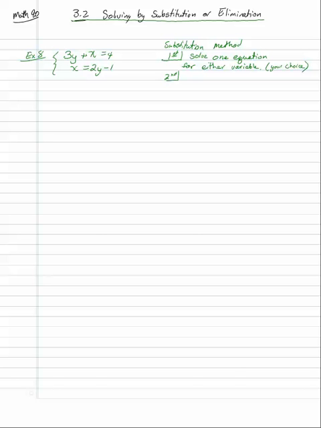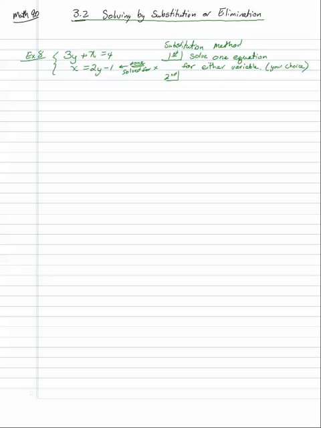Now for this problem, number 8, step 1's done for you already. This one's solved for x, so we'll make that our choice. I could have solved the top one for y if I wanted to, but why do extra work?